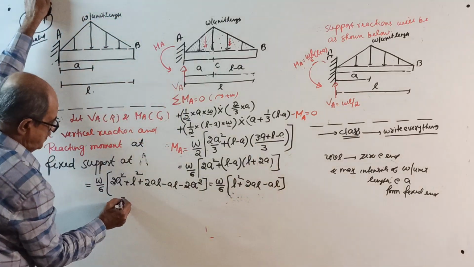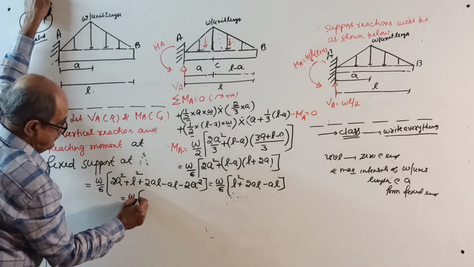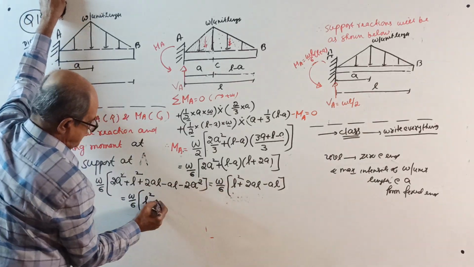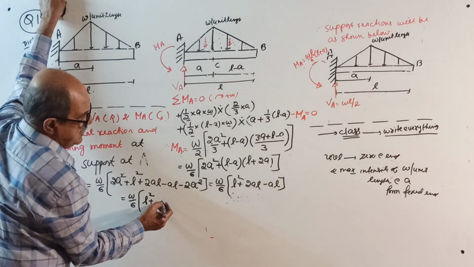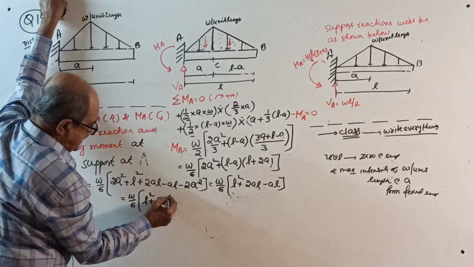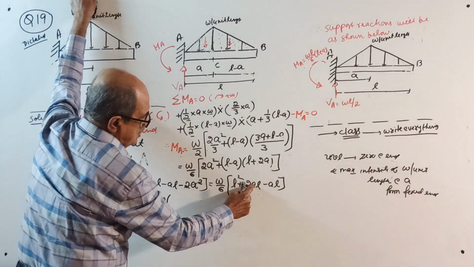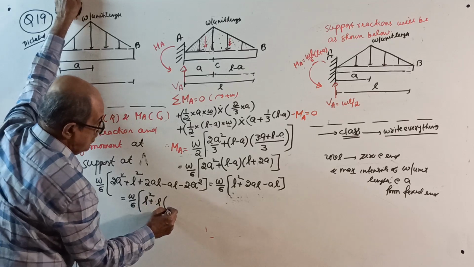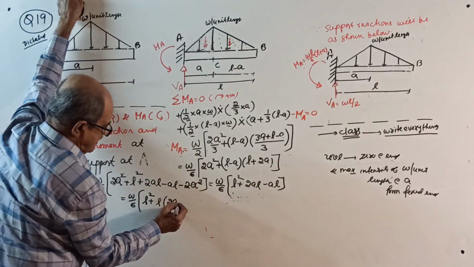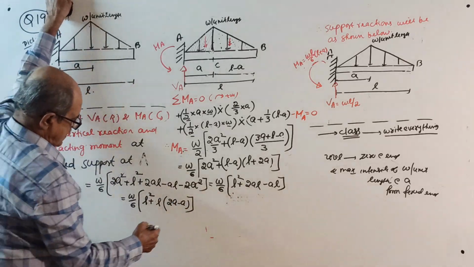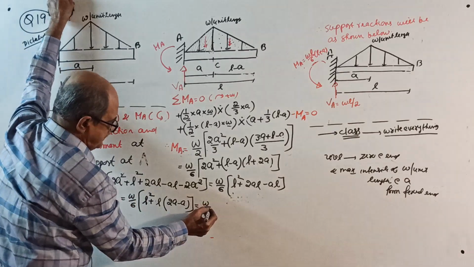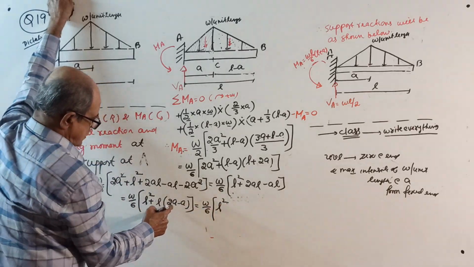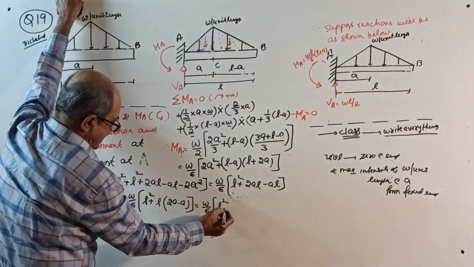Now it will become W by 6 times, see, L square plus 2a into L into 2L, a, 2L, one L into 2a minus a, equal to W by 6 into L square, 2a minus a is a, plus aL.